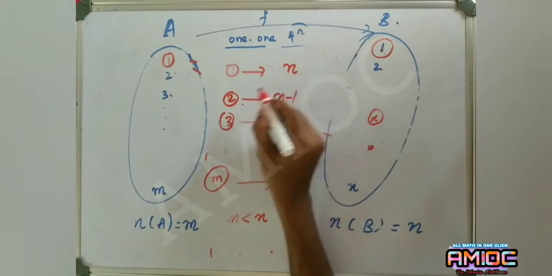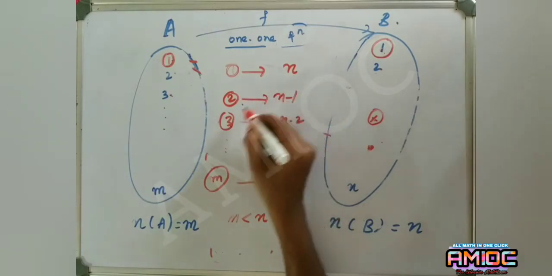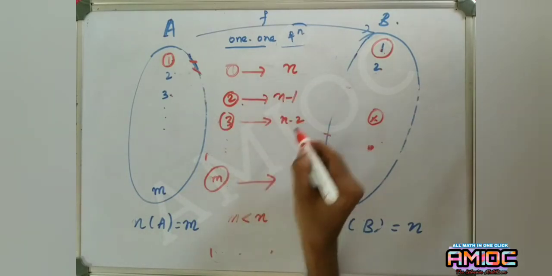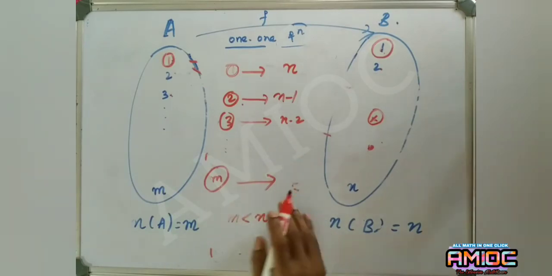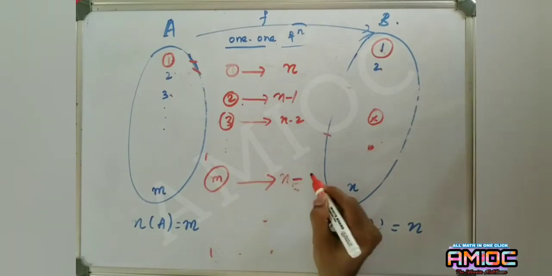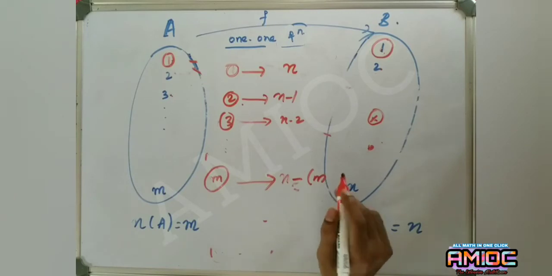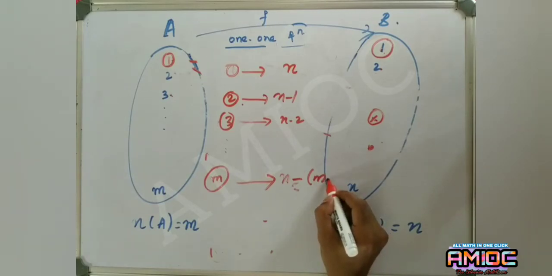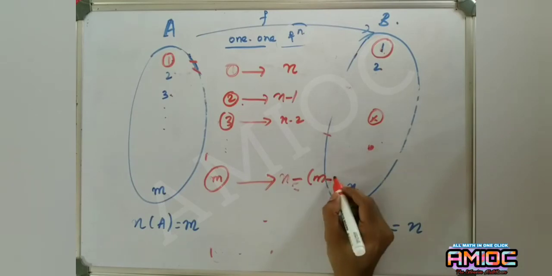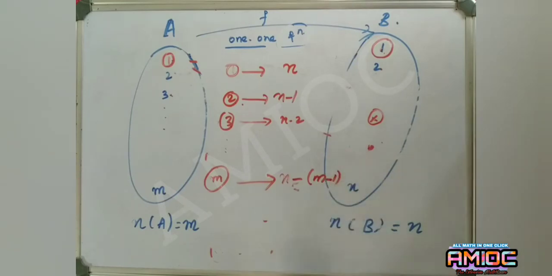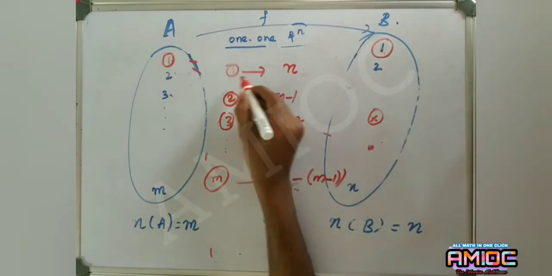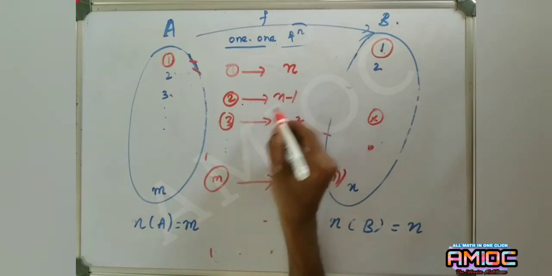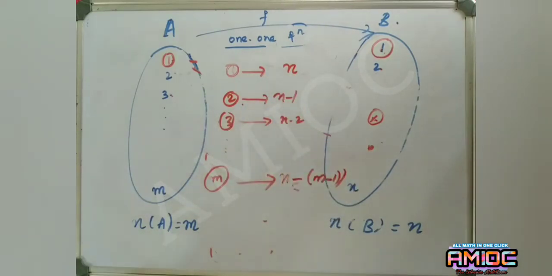Totally, 2 has n minus 1 choices, 3 has n minus 2 choices. What about m? m has n minus m plus 1 choices. Therefore, 1 has n choices, 2 has n minus 1 choices, 3 has n minus 2 choices.